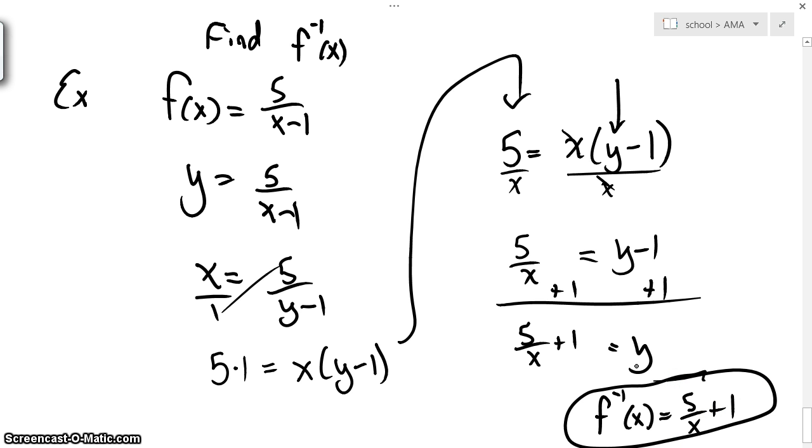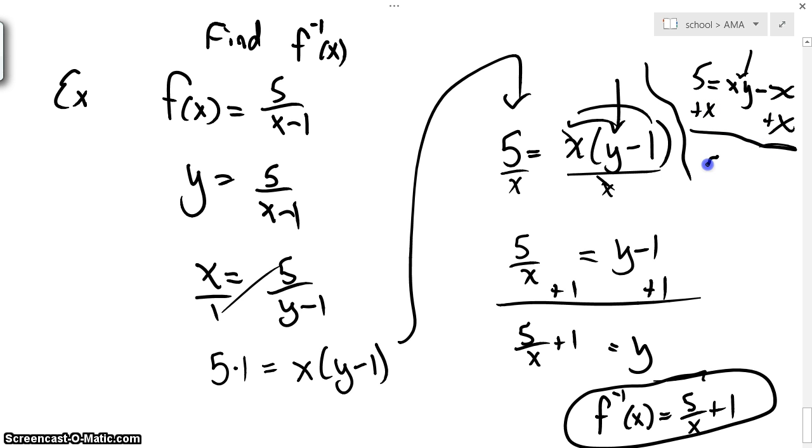Sometimes kids will wonder if they'd get exactly the same answer if they would have distributed the x. Let's take a look and see. If you would have done this work instead, sometimes kids really want to do that. They'll say, I would have multiplied by x, and I'd say, that's fine, you can do that. Then kids would say, well, then I'd want to add an x. You know, I'm trying to get y all by itself. I'd say, sure, you could do that.